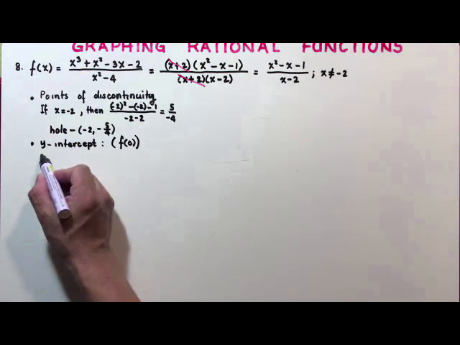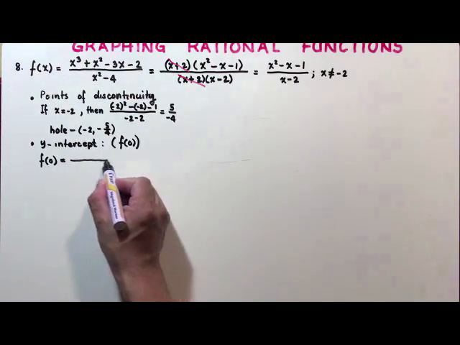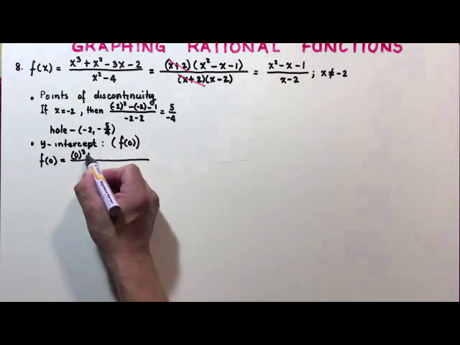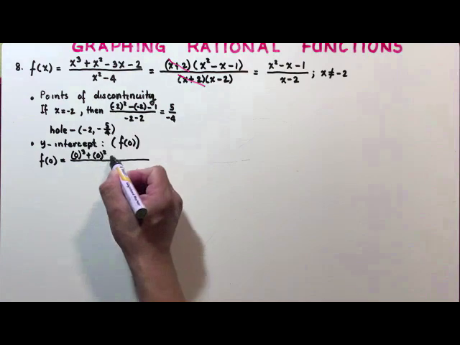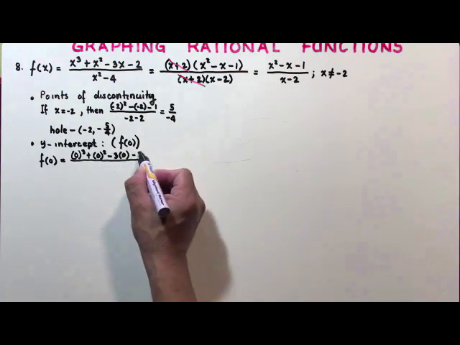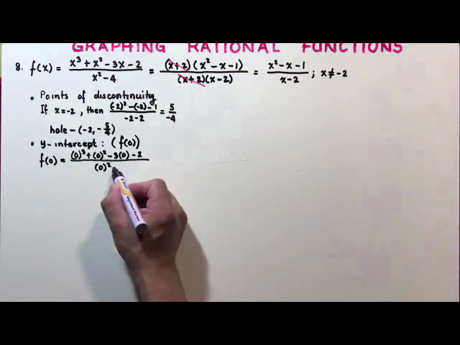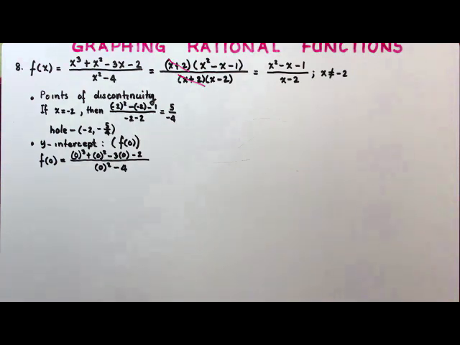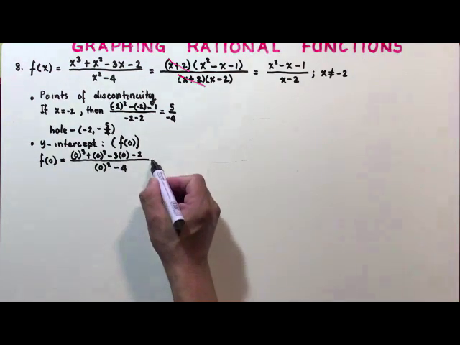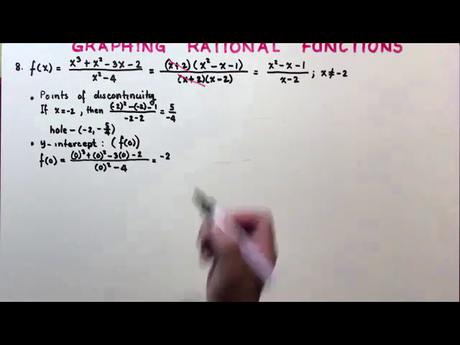So substituting this value of x, which is 0, to our function, we have there 0 cubed plus 0 squared minus 3 times 0 minus 2, which is divided by 0 squared minus 4. And you can see that all these three terms go to nothing, so what will remain in the numerator is just negative 2.